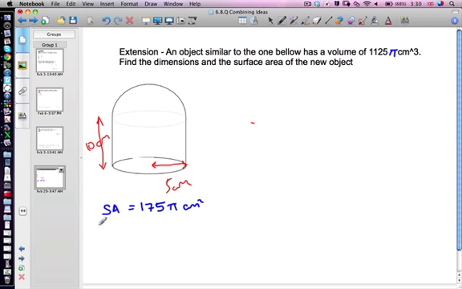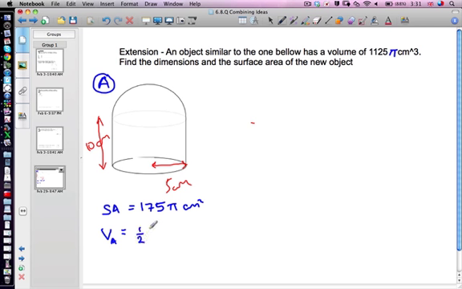We've got enough information to work out the volume of A. Let's call this one shape A. The other shape, the similar one, is shape B. Okay, so the volume of this is given by half the volume of a sphere.